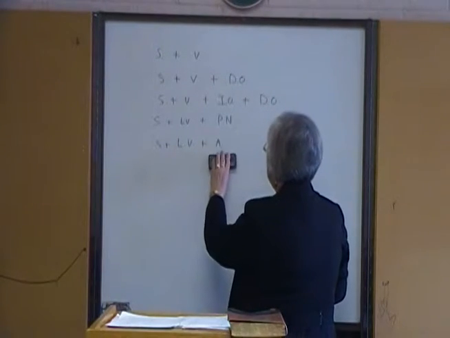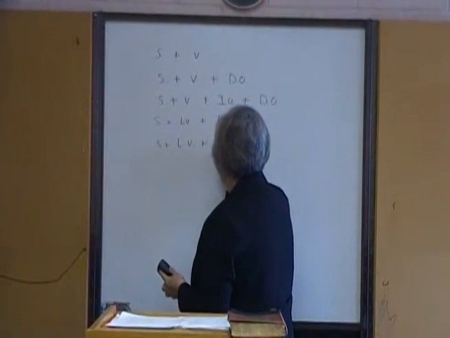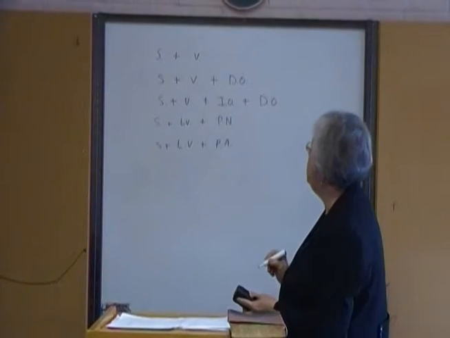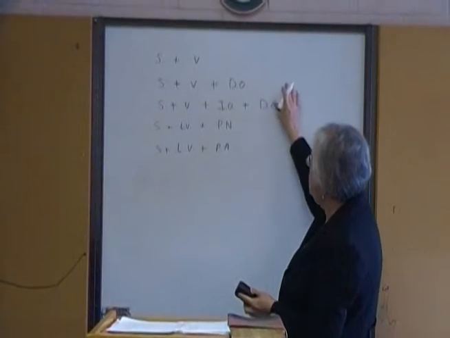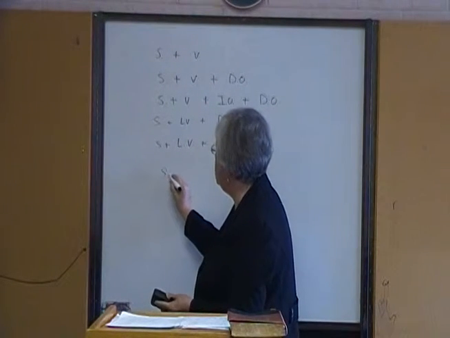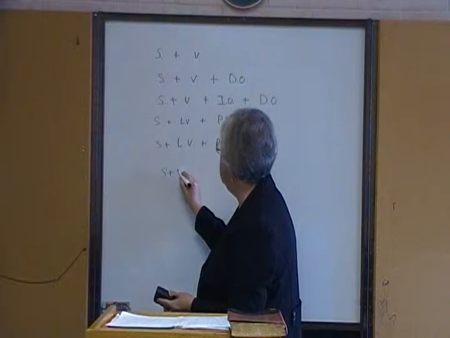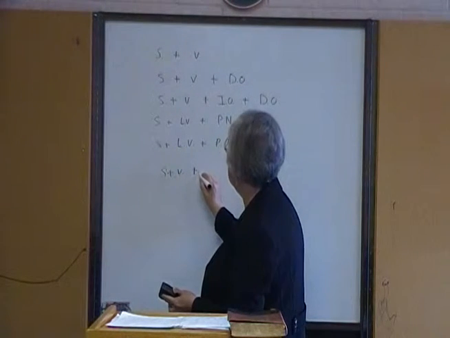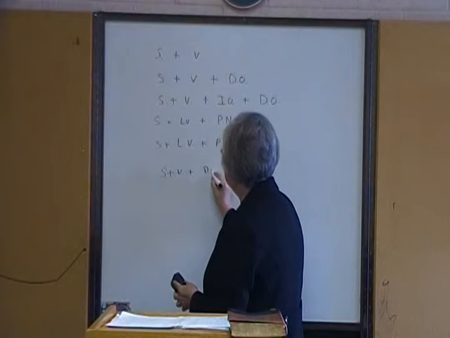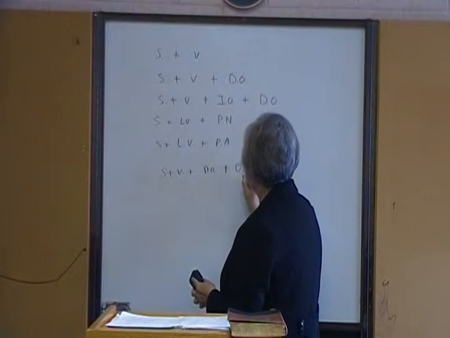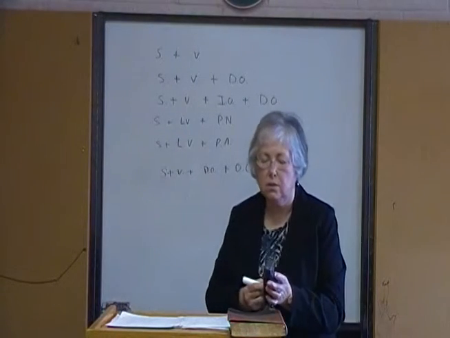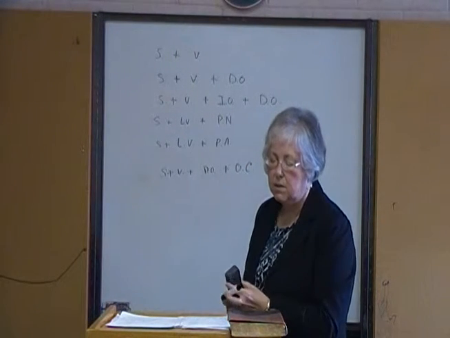Got my letters backwards here. And one more that I forgot up here would be subject plus a verb, plus a direct object, plus your objective complement. And those are the sentence patterns that make up a good sentence.